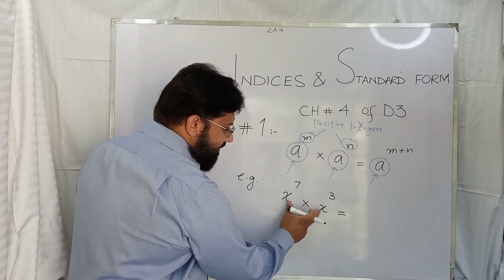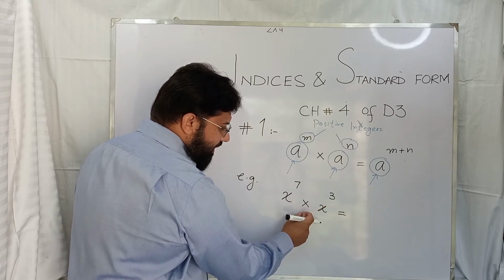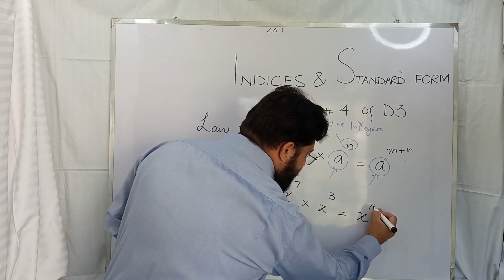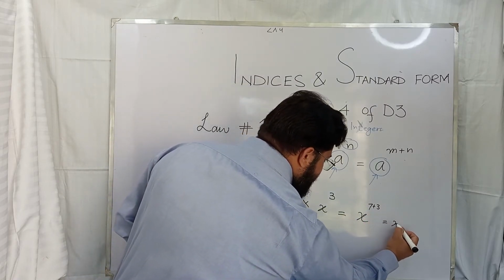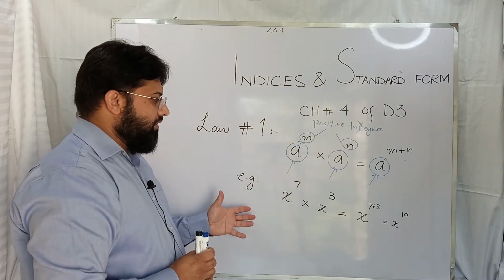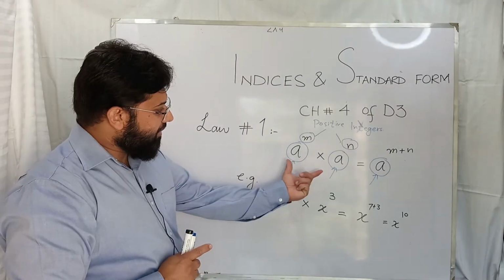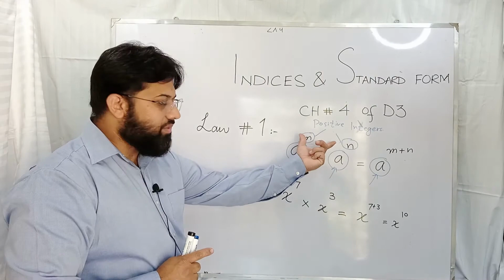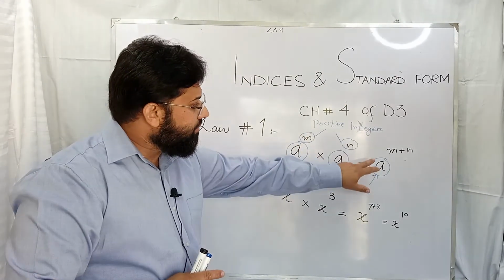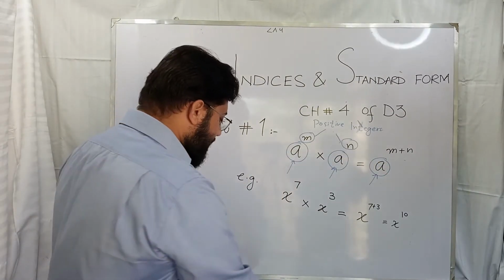When both the bases are same but the powers are different and bases are going to multiply each other, what would be the resultant? x to the power 7 plus 3, or I may write down as x to the power 10. This is the first law, which is very simple. I would like to repeat once again. If bases are same but the powers are different and bases are going to multiply each other, their powers are added. Right? Now let's move to law number 2.